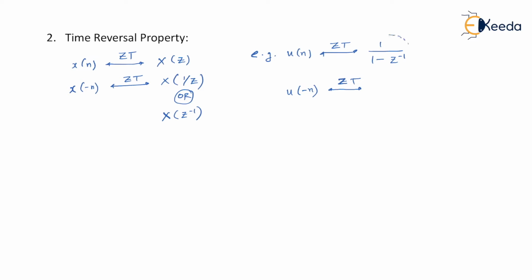If I consider this whole thing as x of z, then you know that you have to replace z with Z inverse. So if I replace this z with Z inverse, then even after taking the inverse once again, it will become simply 1 upon 1 minus z.